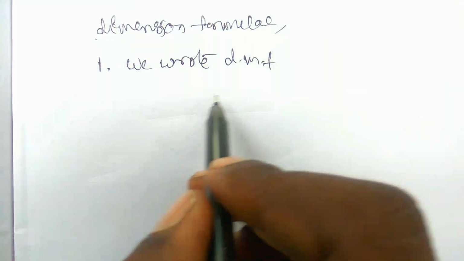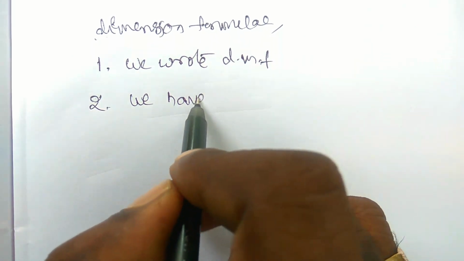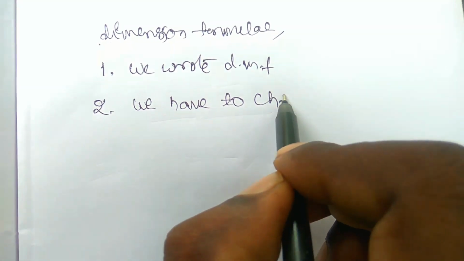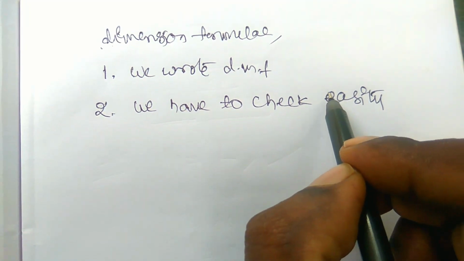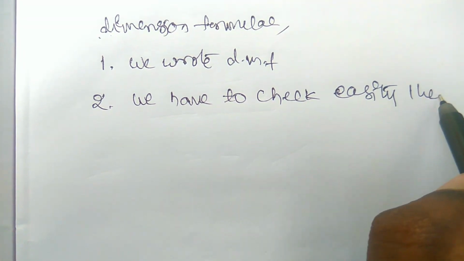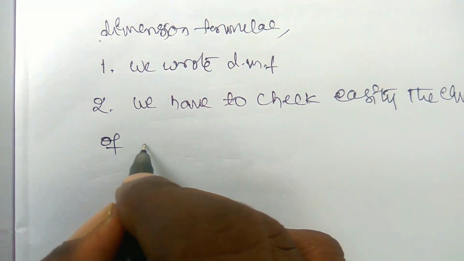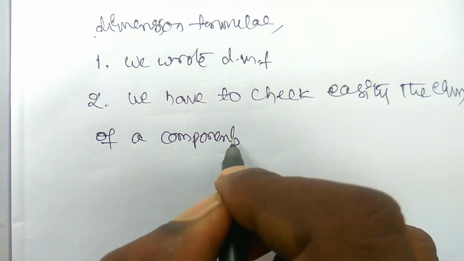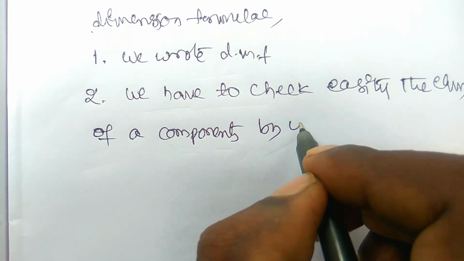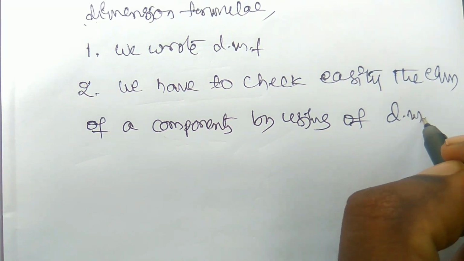The second one, we have to check the equation of components easily by using the dimensional formula.